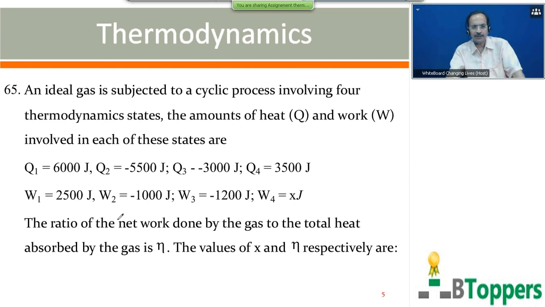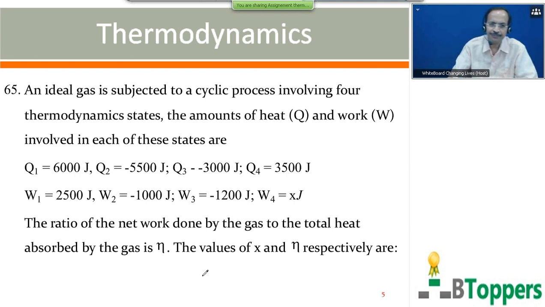W1 equal to 2,500 joules, W2 is minus 1,000 joules, W3 is minus 1,200 joules, W4 is X joule. Ratio of the net work done by the gas to the total heat absorbed by the gas is eta. That is, eta represents the efficiency of the cycle.